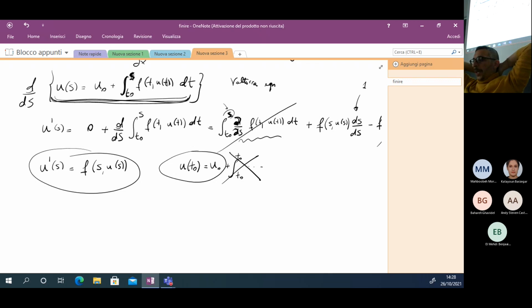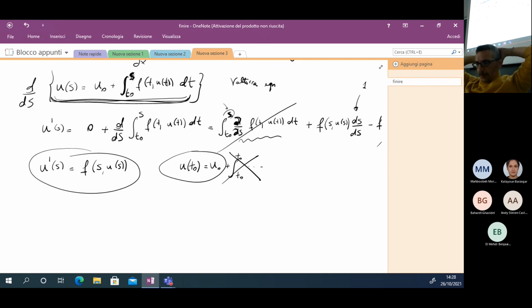Why have we done this? Because sometimes it's easier to solve the initial value problem, other times it's better to solve the problem in the formulation of the Voltaire equation.